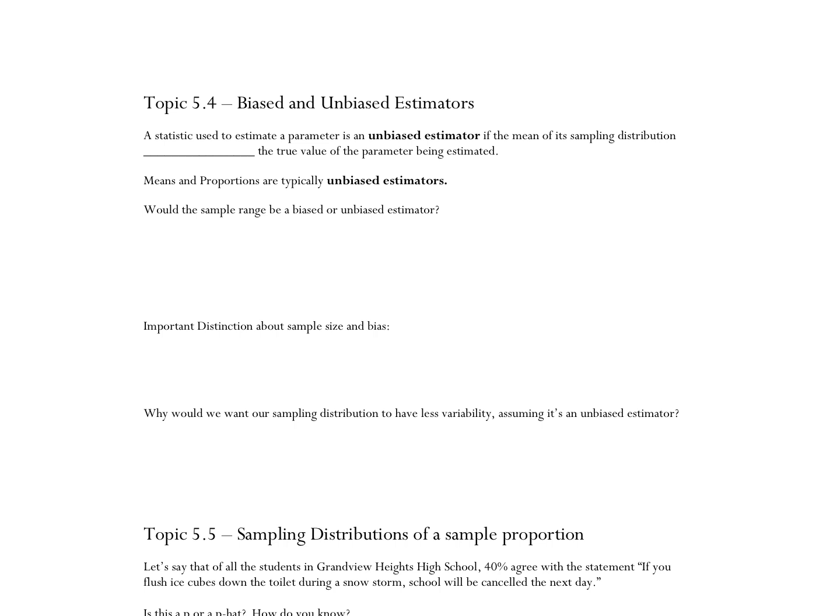Now, a statistic is considered an unbiased estimator if the mean of its sampling distribution is equal to the true value.